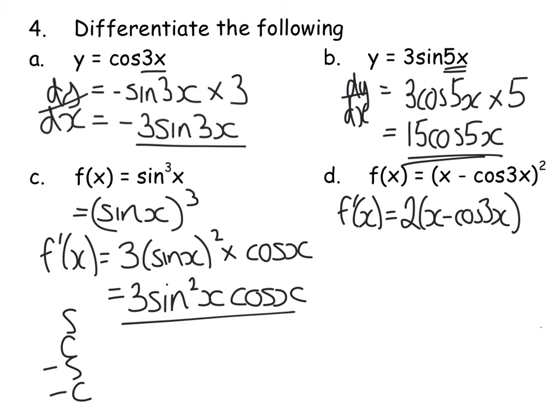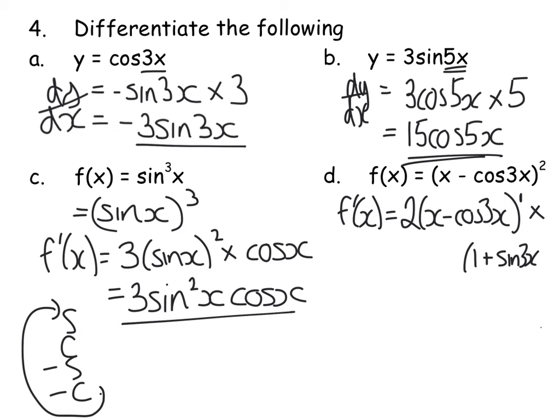So when you lower the power from being squared, it just becomes a power 1, and I'm just going to write that in for the sake of it just now. And then we times by the differentiated bracket. You can see I'm running out of space here a wee bit. When you differentiate this bracket, there's two things to be wary of. X differentiates to 1. Minus cos goes all the way back to positive sine. So that gives you plus sine 3x.